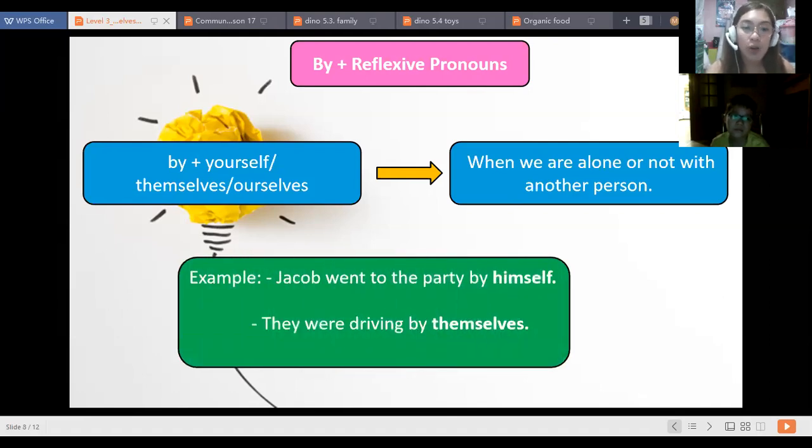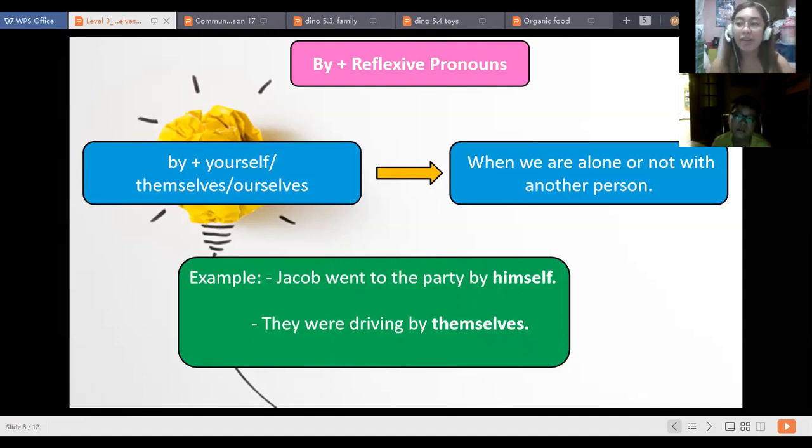For example, Jacob went to the party by himself. They were driving by themselves. Okay, again, by plus the reflexive pronouns is used when we are alone or not with another person. For example, Jacob went to the party by himself. They were driving by themselves.